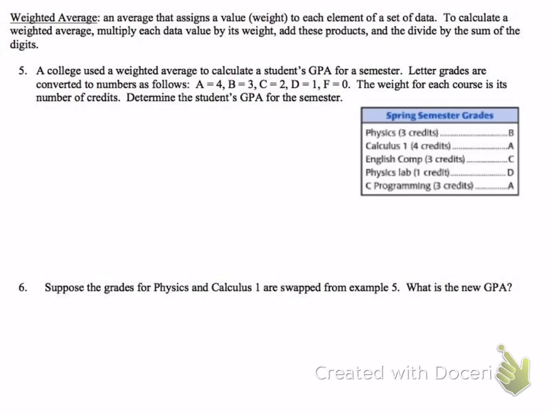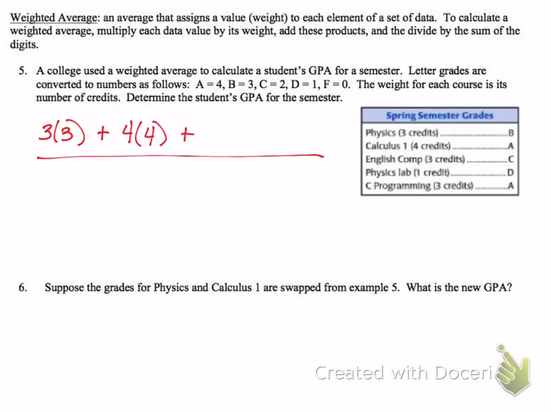So in physics, it's worth 3 credits, and they made a B. So for my numerator, I would take 3 times 3. In calculus, 4 credits, and I made an A. So 4 times 4.